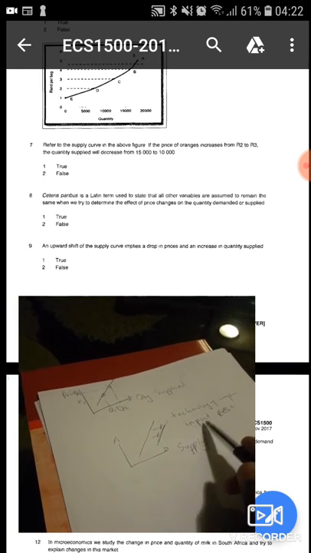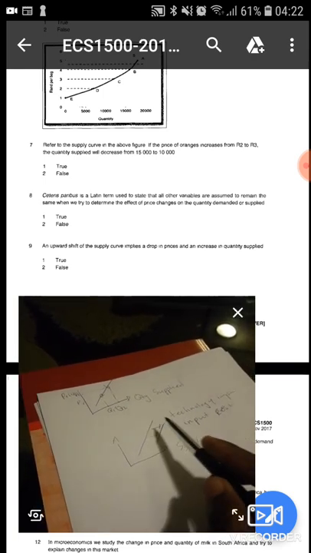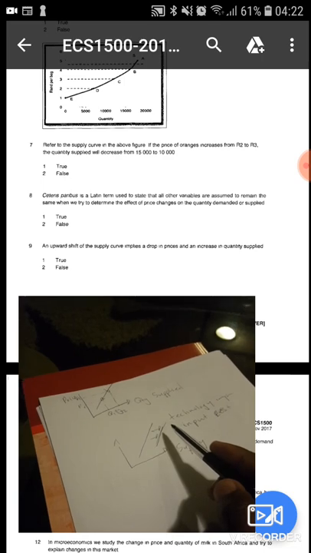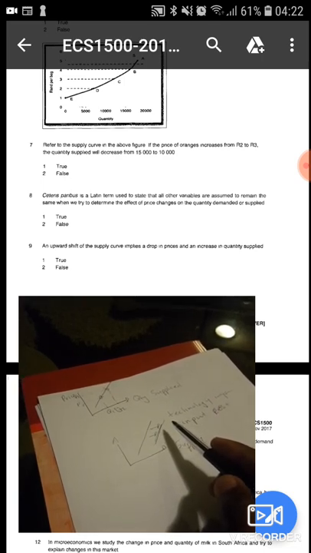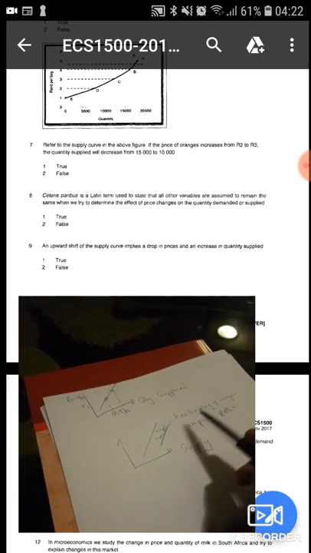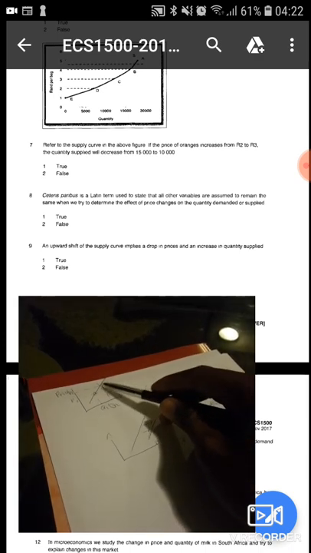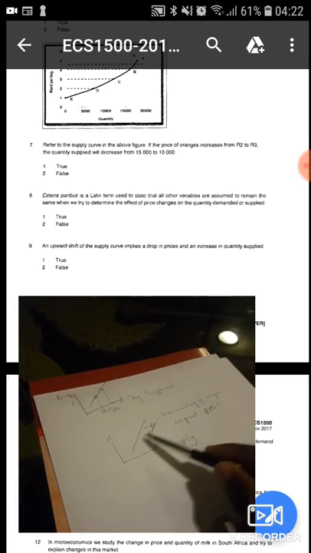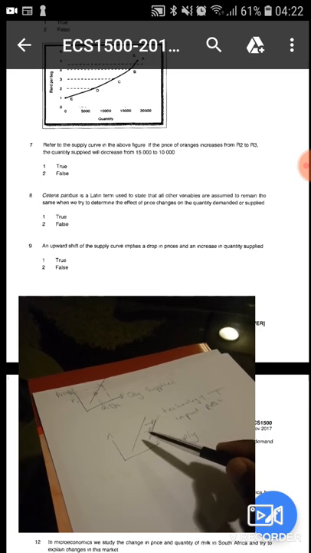A rightward shift will be affected by technology or input cost, not price. So that is why I'm saying question number 9, the answer is false, because price affects quantity supplied by causing a movement along the supply curve, not a shift of the supply curve. So the answer is definitely false.